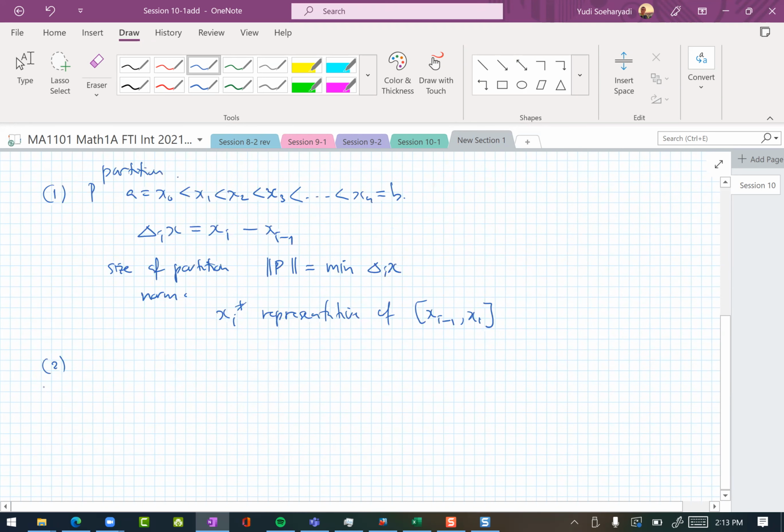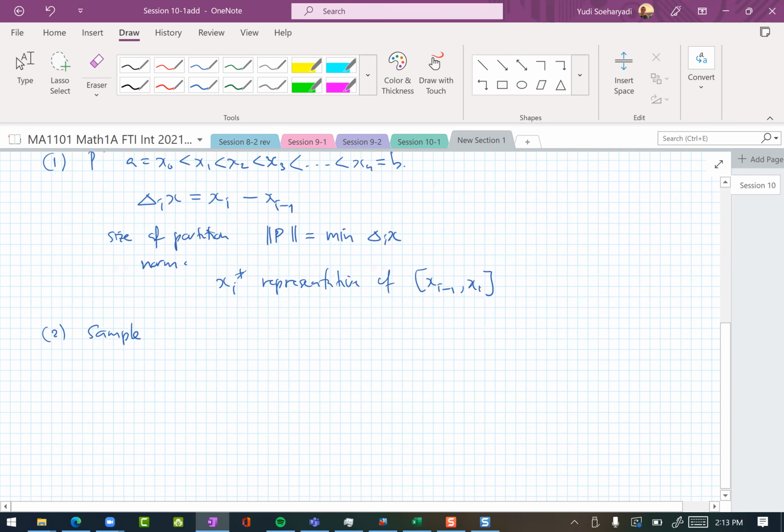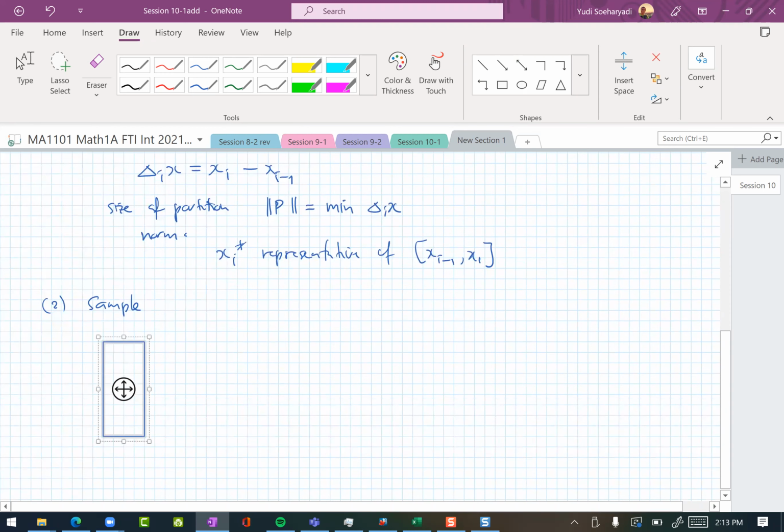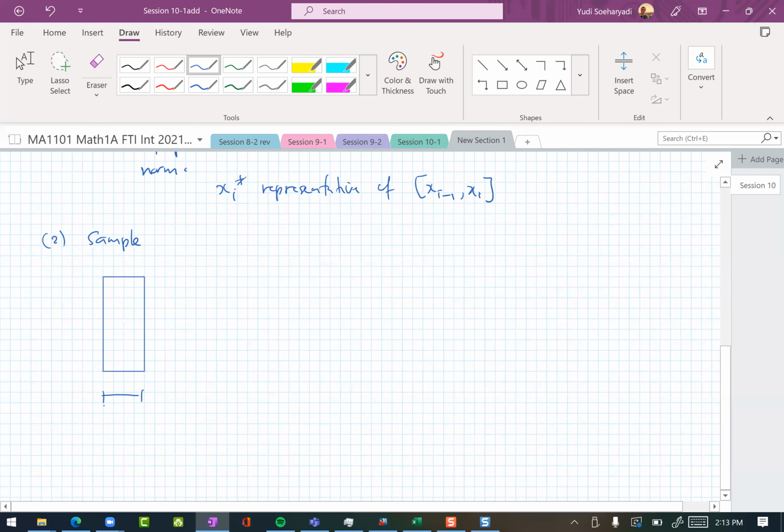All right. Now pick a sample. When you pick a sample, for example like this, say the length is delta x_i, so that's the width. And the height is determined by f of x_i star, the representative.